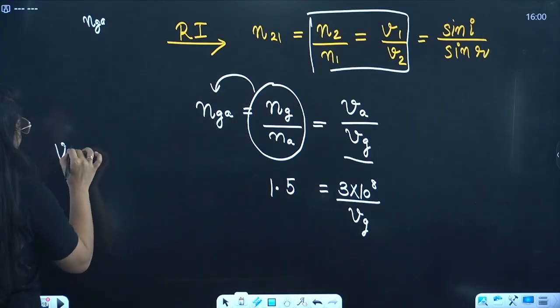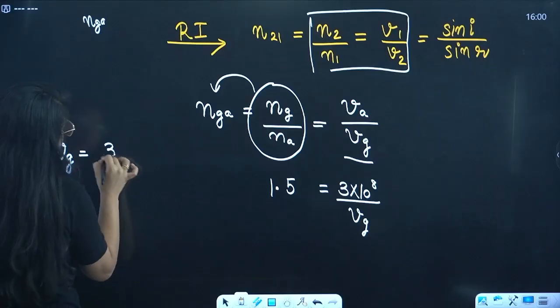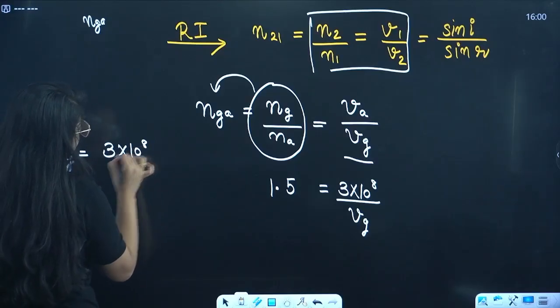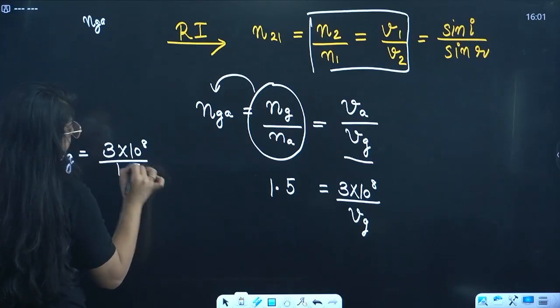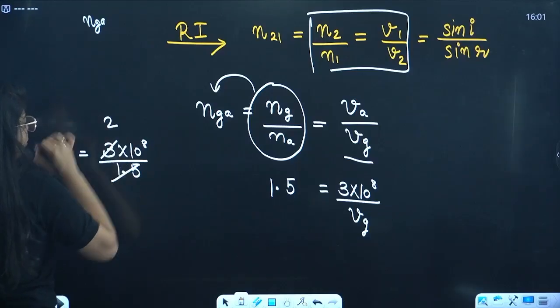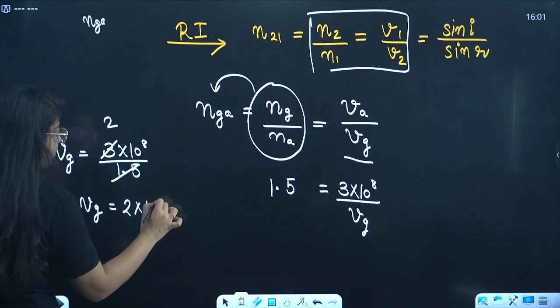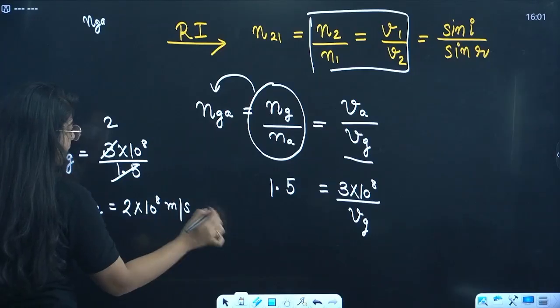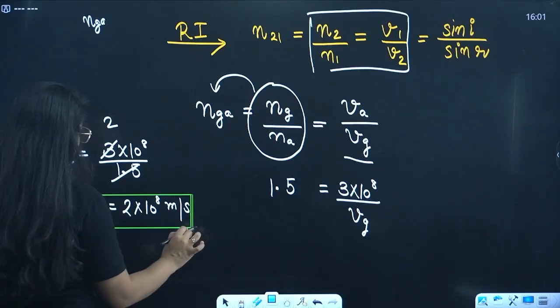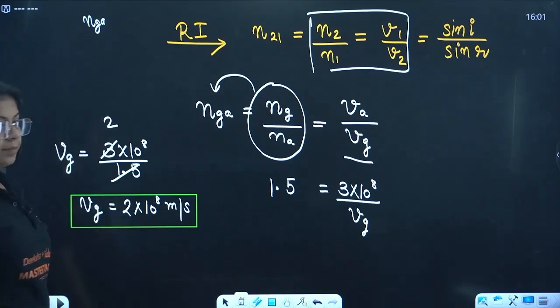So now beta, just calculate this. V of G is equal to 3 into 10 raised to power 8 divided by 1.5. Cut it, 2. So V of G equals 2 into 10 raised to power 8 meters per second, and that beta is your final answer.